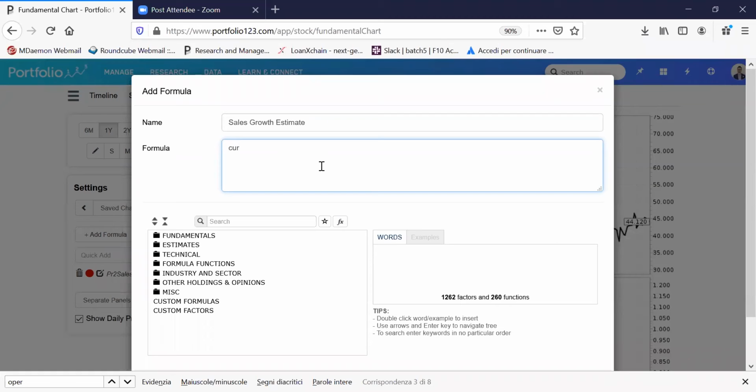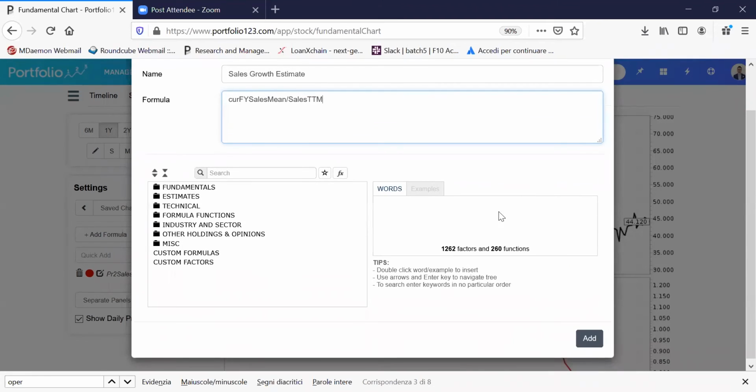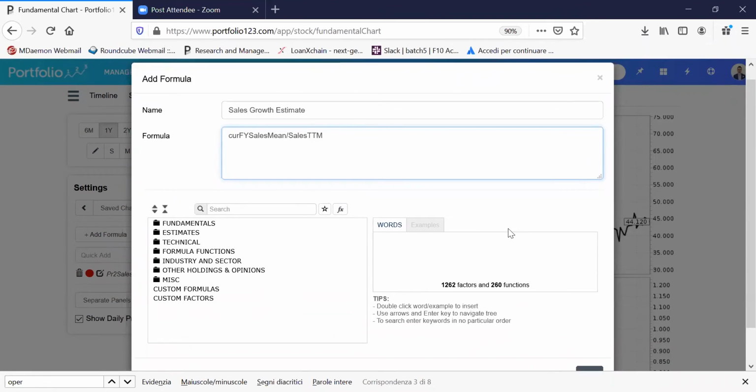So using current fiscal year sales divided by sales TTM, we are taking the expectation of this year's sales against the sales from the past 12 months.